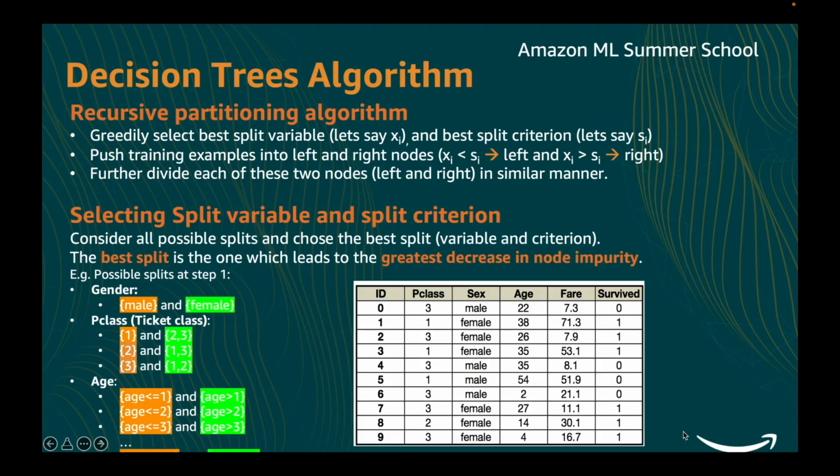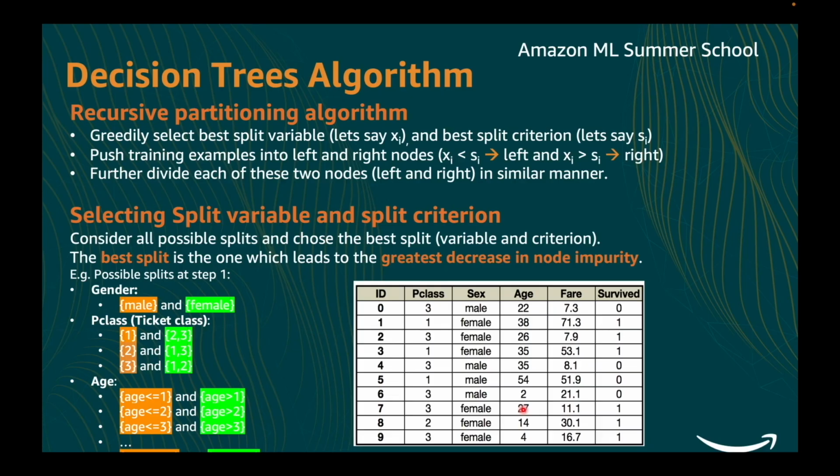So let's look at the different kinds of split criteria you might have. Let's say for this data set over here, we want to build the very first node for this decision tree. We have a variety of split criteria available to us.